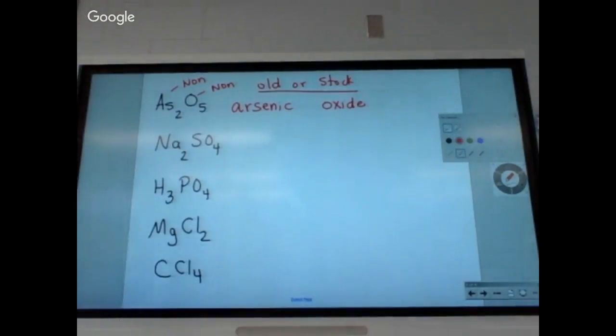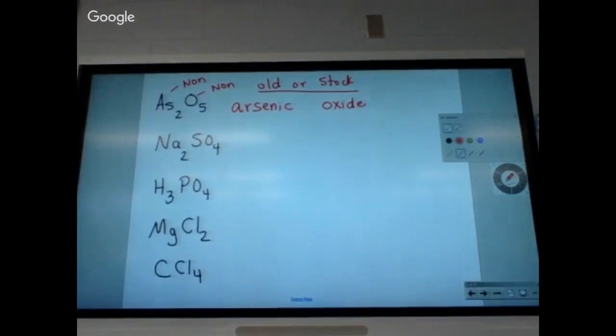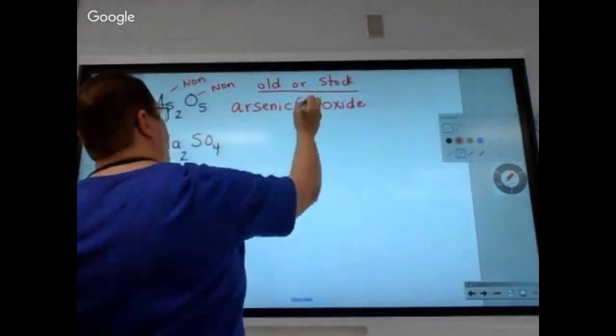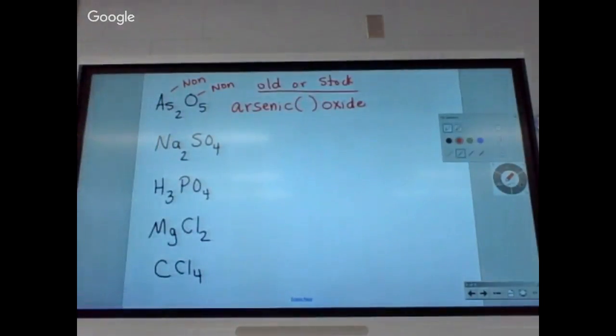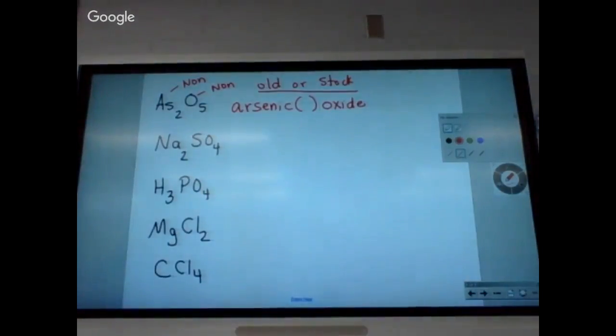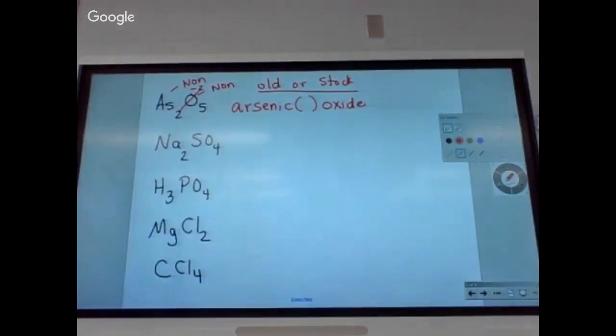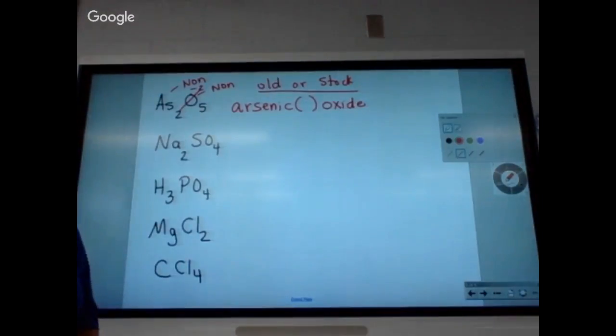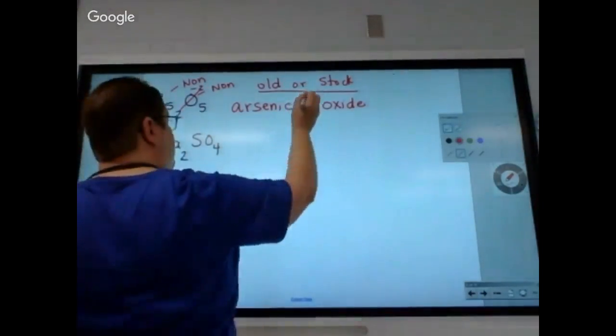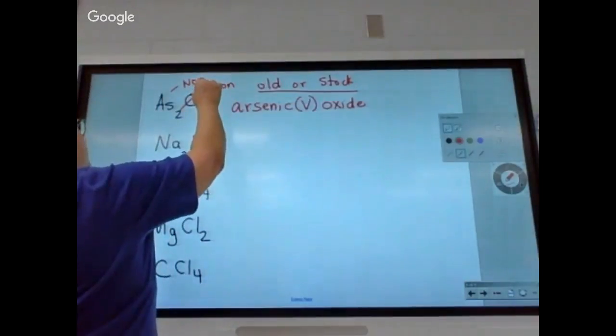How do I decide if I need a Roman number? Does it have more than one? Yes, it does. So I'm going to put parentheses. And which number came from arsenic? Was it reduced? No. It was not reduced because O has a -2. If I look right there, there's a 2. So it was not reduced. So what number came from arsenic? It was a 5. That's one way, and it works every day of the week.